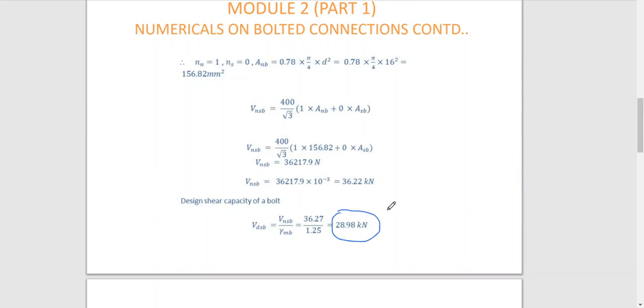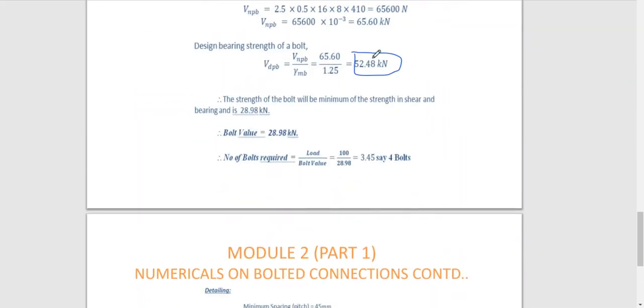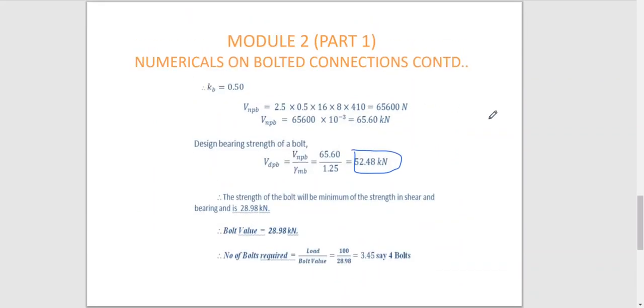So among these two values, 28.98 and 52.48, we take 28.98 kilonewton. And this value is called the bolt value, that is 28.98 kilonewton.